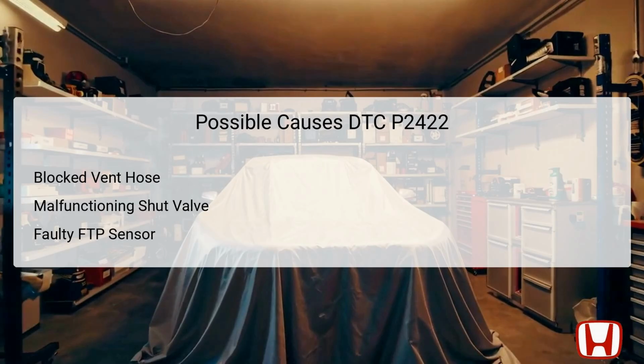Second, a malfunctioning EVAP canister vent shut valve itself can also cause this problem. If the valve is stuck closed, fuel vapors cannot escape properly, which can trigger the DTC. Lastly, a faulty FTP sensor can result in erroneous readings, prompting the PCM to store this error code.